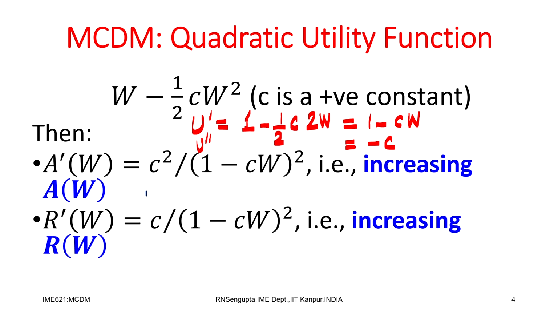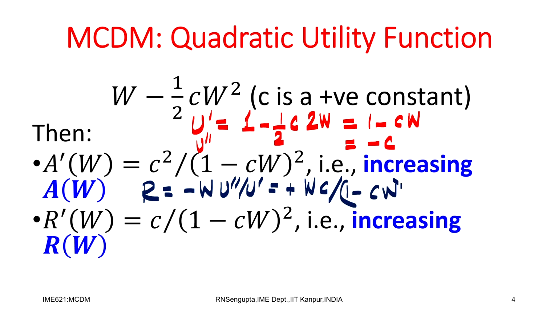So, now r is minus of w into u double prime by u prime, which is minus of w into u double prime, which is basically minus c. So, minus minus plus, c w over 1 minus c w. I need to differentiate.